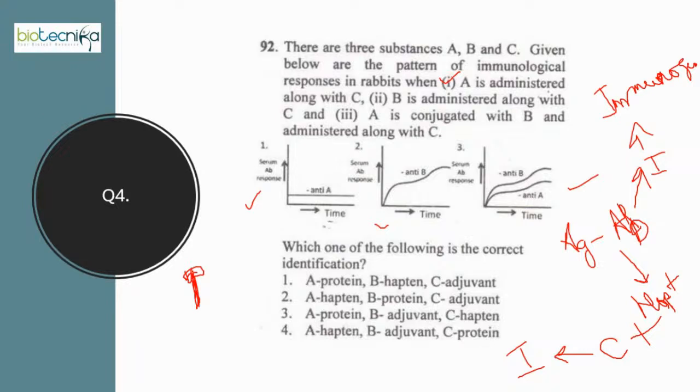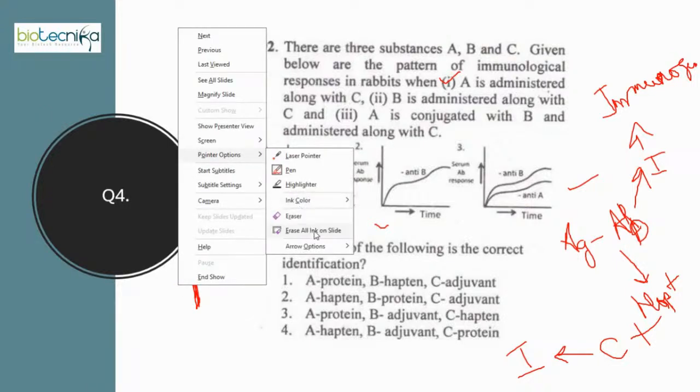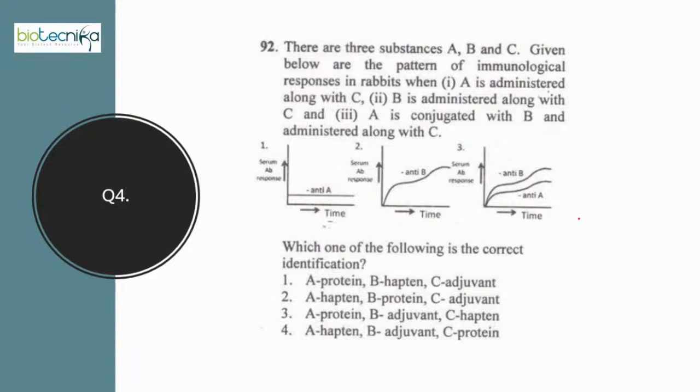If I just give the antigen, it will only give a very poor immune response and will be removed very rapidly from the body. In that case, there is no point of giving that antigen, right? It won't give me the amount of antibodies I desire. So I add an adjuvant to it.